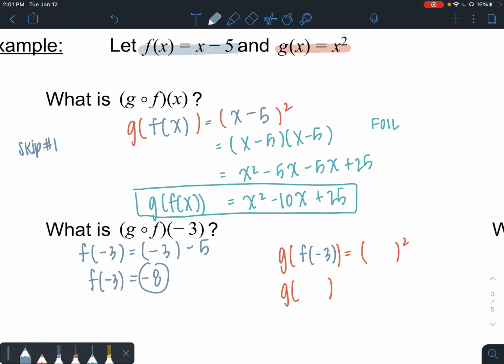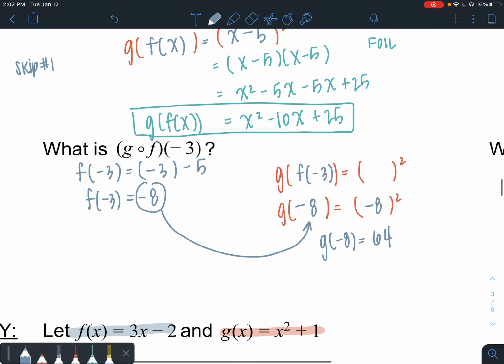So I'm going to take this negative 8 and plug it in right there, putting it in those parentheses. So we get g of negative 8 equals 64.